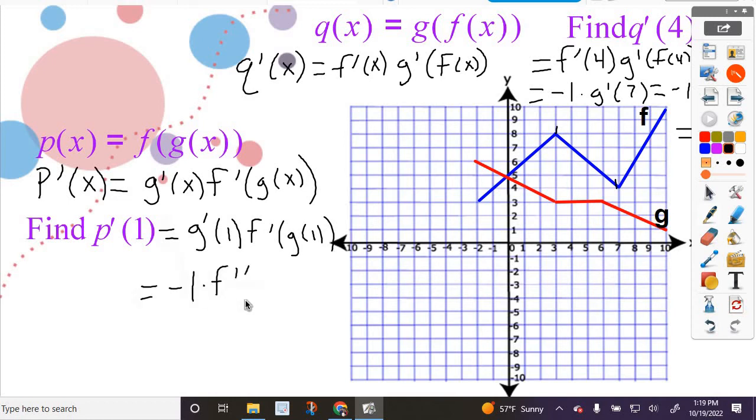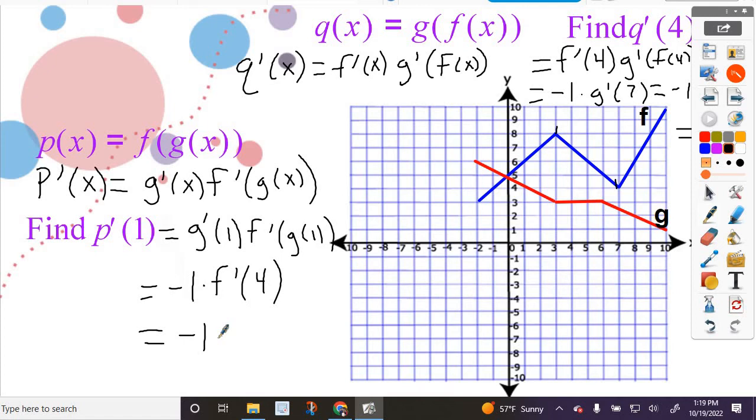Times, I need to work my way inside out. So what is my y value when g is 1? 4. So then what's my last step? f prime of 4, which I kind of already found, negative 1.